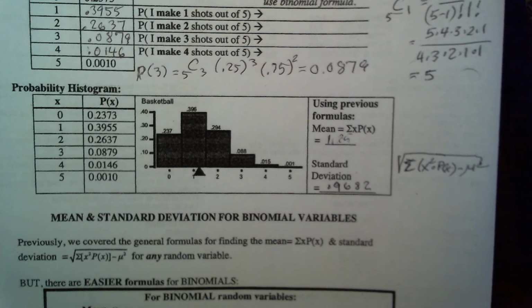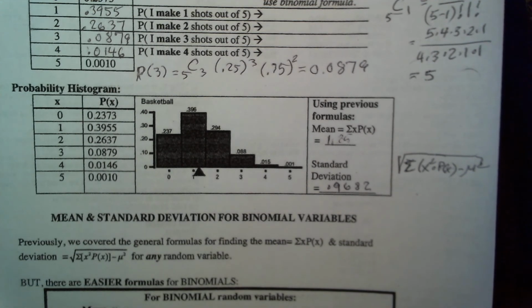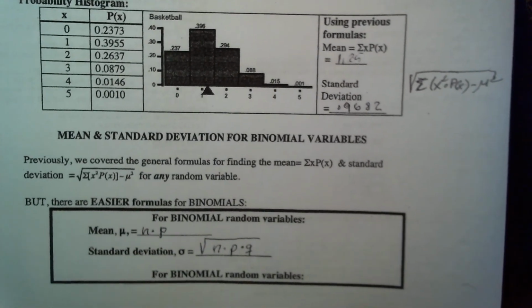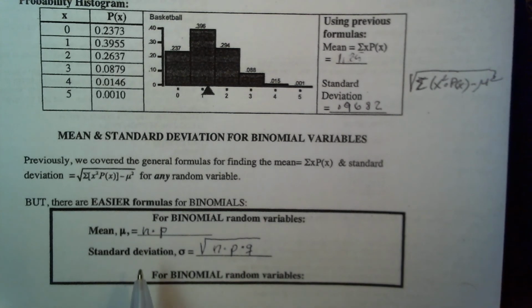Now, fortunately, there's a much easier formula for the mean and standard deviation for binomial variables. The mean of a binomial random variable is simply the product of n times p, the number of trials times the probability of success.